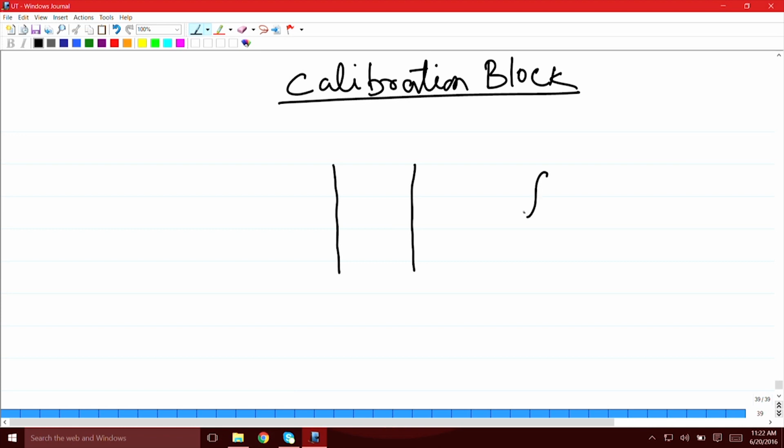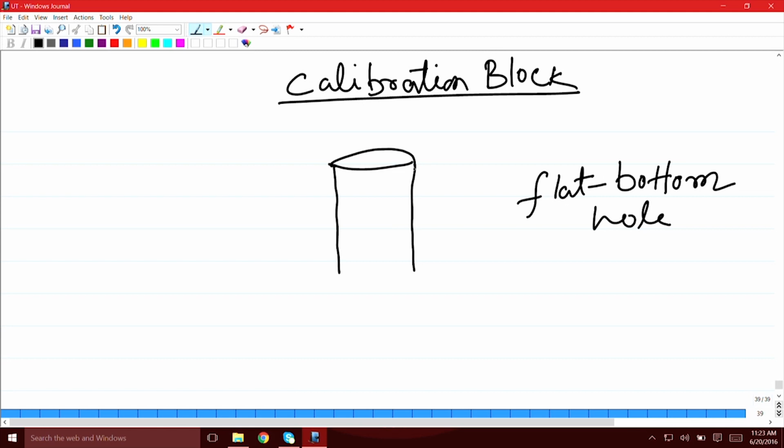So, the defect or the artificial flaw that we are going to use in this case is a flat bottom hole, which is cut at the bottom of the cylinder. This cylinder has to have a particular dimension as per the specification, and this flat bottom hole also has to have a particular dimension. Okay.